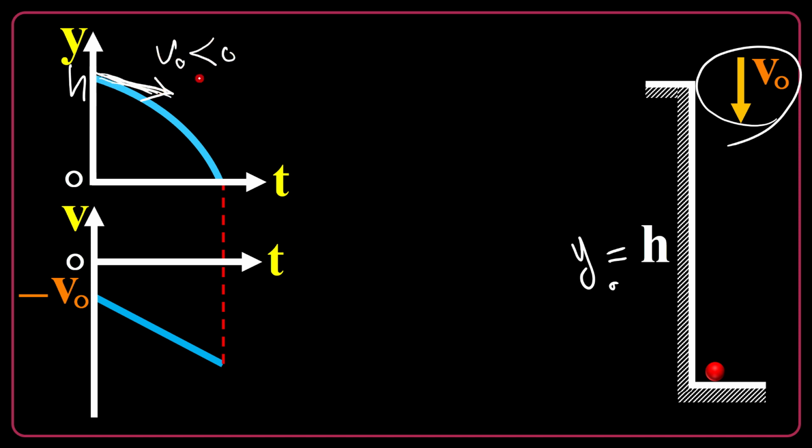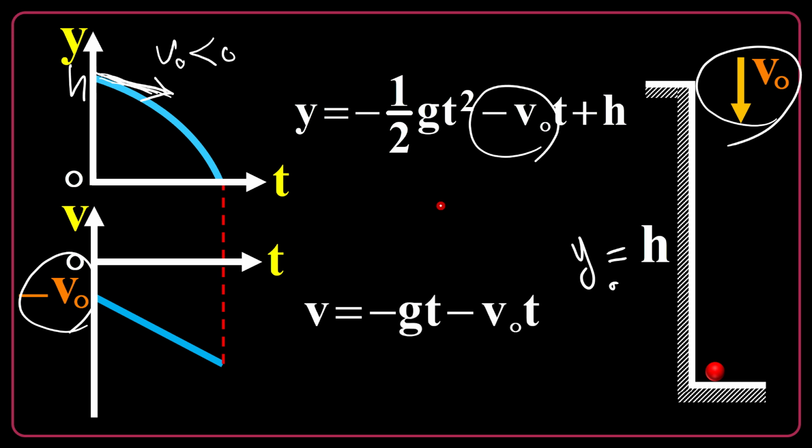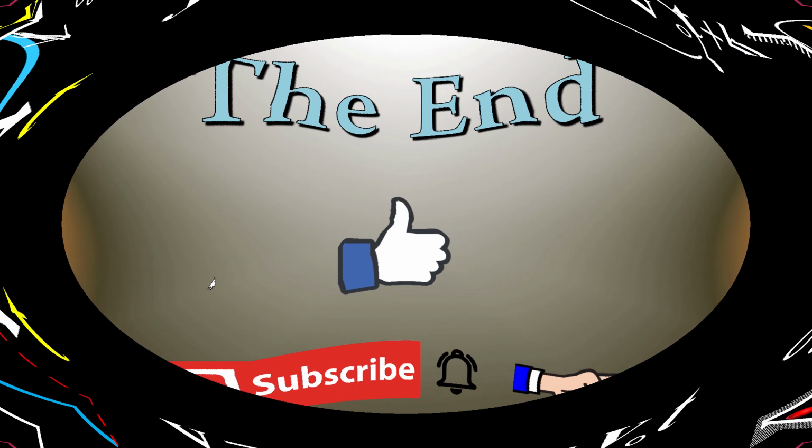V naught is negative. And also you see that the v-t graph starts from negative vertical intercept. Finally, y is equal to negative a half of g t squared plus, negative v naught t plus h. Negative v naught because we threw the object downward. Finally, v is negative g t, negative v naught. Again, negative sign is seen here.